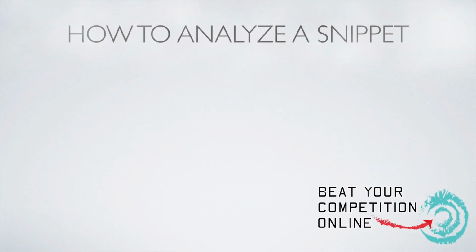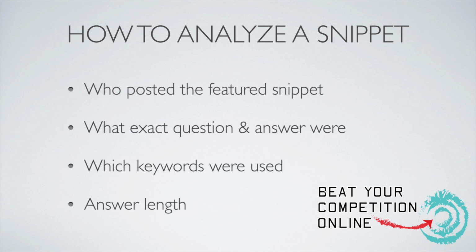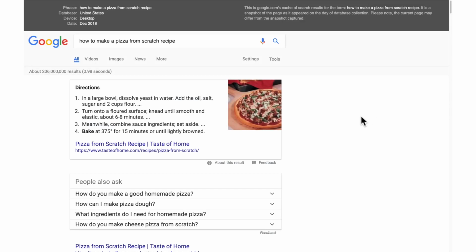The next step is to analyze the featured snippets these keywords trigger. These snippets will be the key to your success. In the Keyword Magic Tool, click on the number in the column of Results in SERP, to see the snapshot of the featured snippet. We do this because we need to ascertain 4 pieces of information. 1.